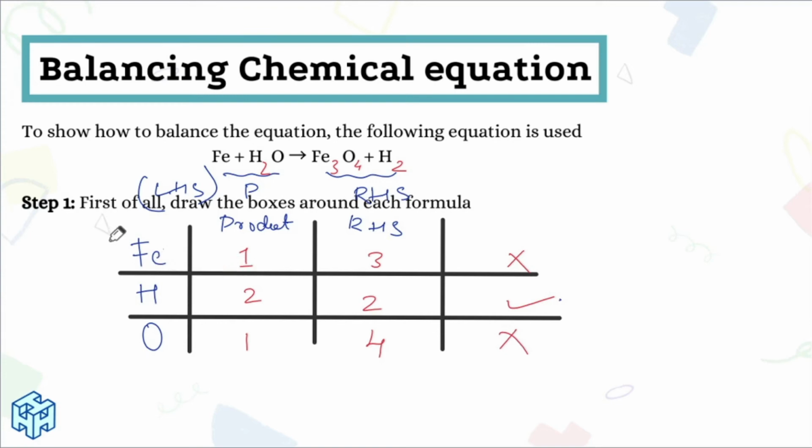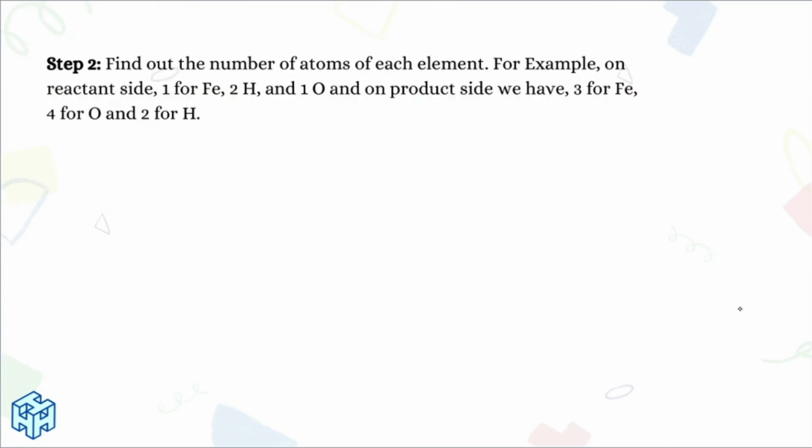Right, drawing this box. In this box, we write all the elements first. First is ferrous, second is hydrogen, third is oxygen. In the next step, let us understand. Find out the number of atoms in each element. Like how did we find, sir?